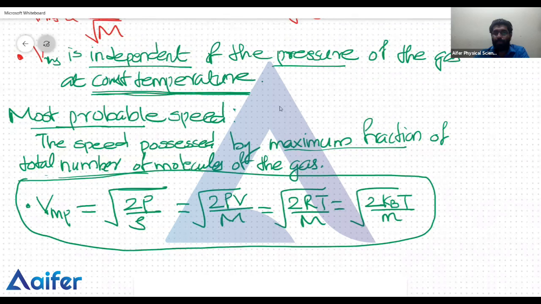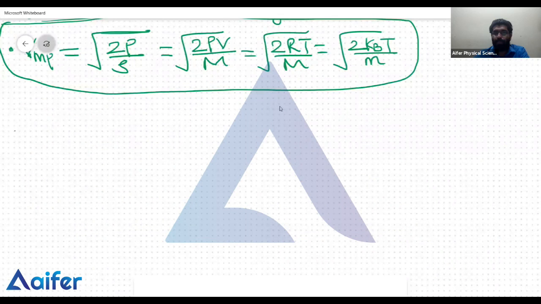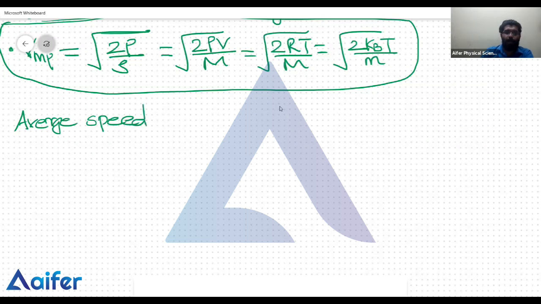Now we have one more speed, which is average speed. This is not average velocity, it is average speed. What is the average speed?